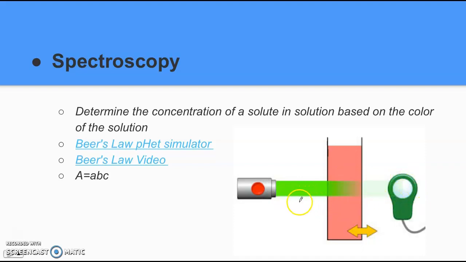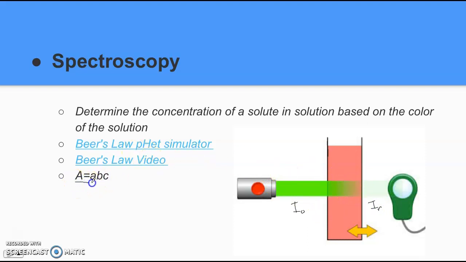There's a certain intensity of light going in, the original, and a certain intensity of light going out, and the amount of light that gets absorbed is called the absorbance.